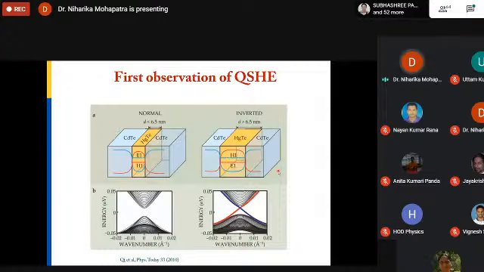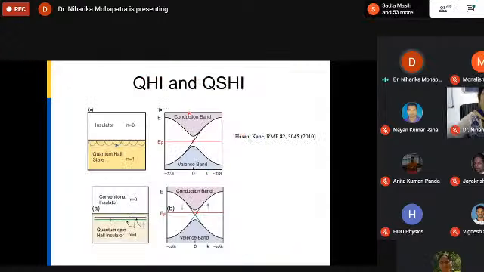So basically, because of this analogy, we call it quantum Hall effect where you get the edge states. So in presence of magnetic field, you have insulator and quantum Hall state. This insulator is vacuum. So at the interface, you get these edge states. Whereas in quantum spin Hall effect, you don't need external field.